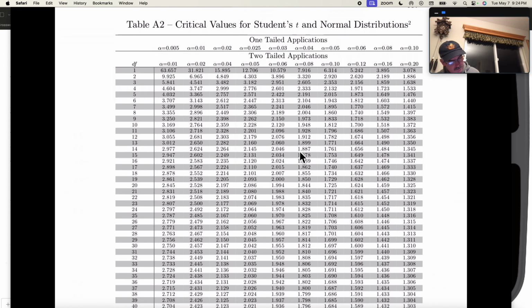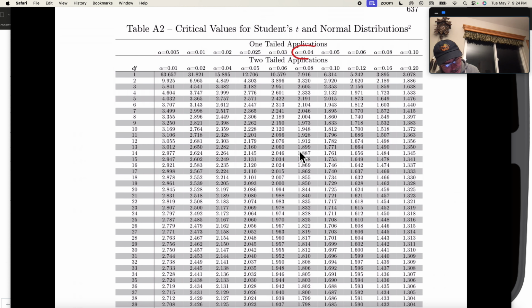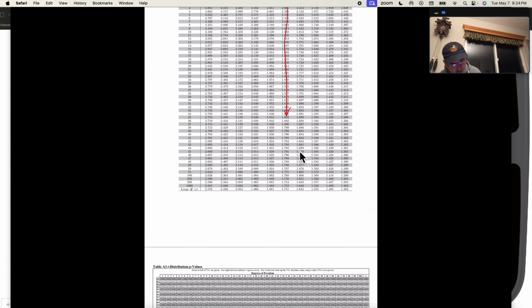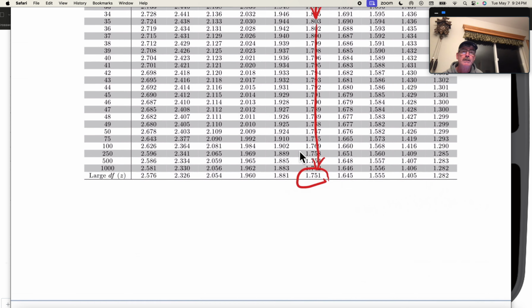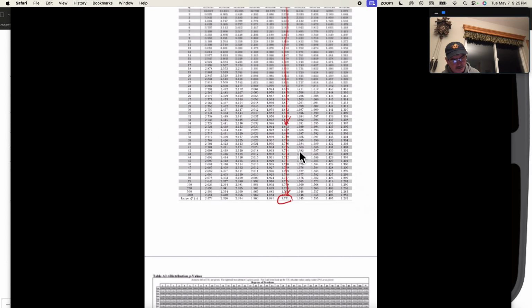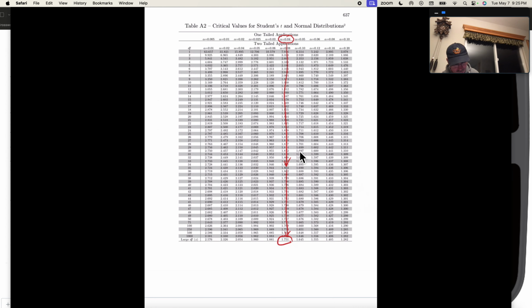Okay, so alpha's 0.04 one tail. So we're in this column of the table. We'll go to the bottom row where the z-scores are. So I think you can see what I've got here. 1.751 is our z critical value. Okay, so I think I'll clean that up. 1.751, don't forget.